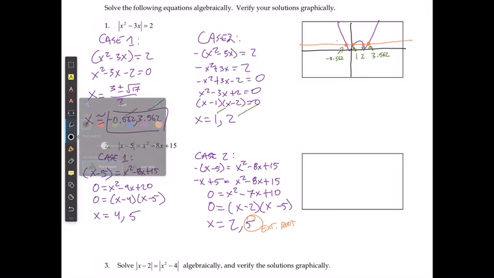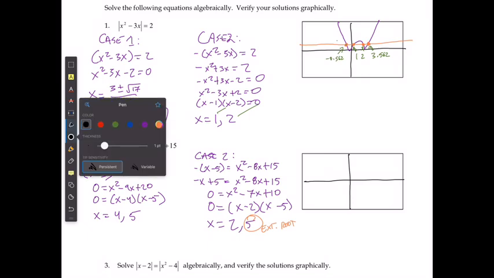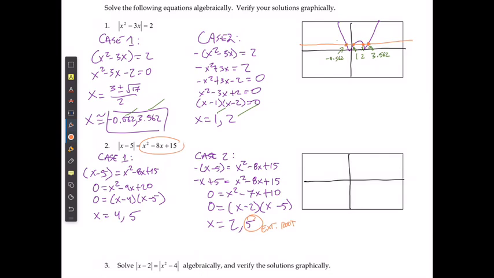Then I'm going to graph this out and check and see what it looks like. I'm going to wind up with my quadratic function on the right-hand side is going to look something like this.